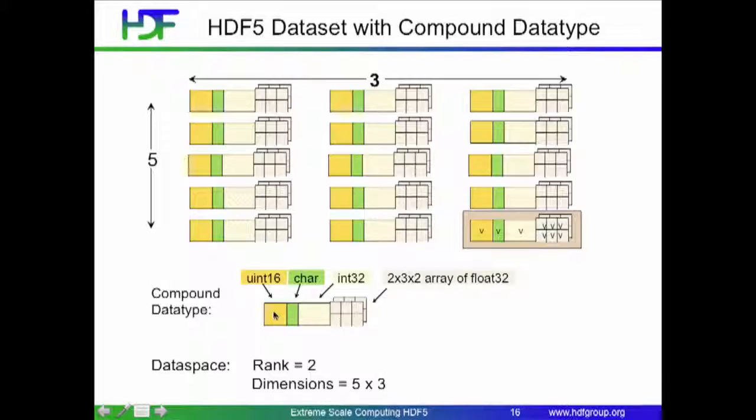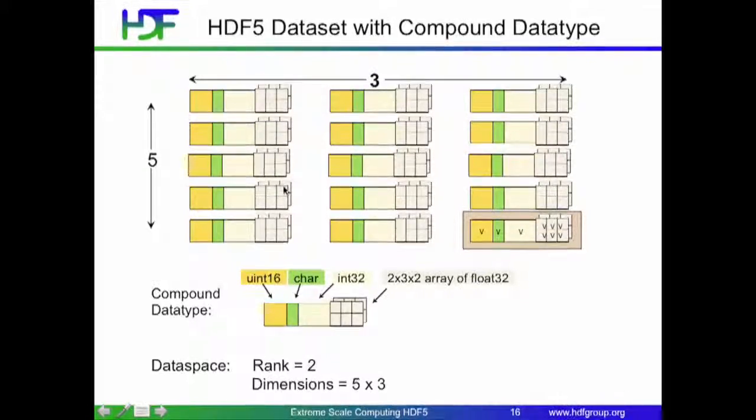So here you have a compound data type of an unsigned int, a character, int32, and then you can also have another array, a subarray. So at each element, you can have this template of what this compound data type is.